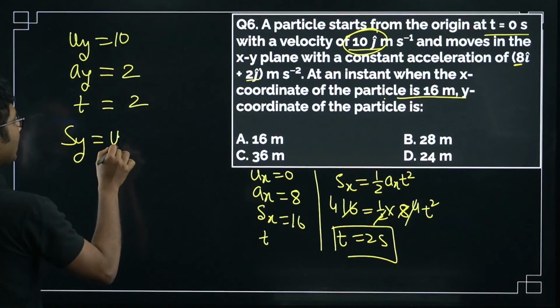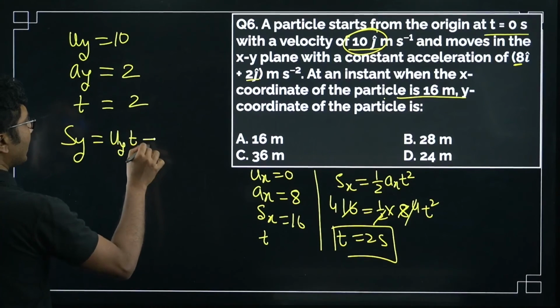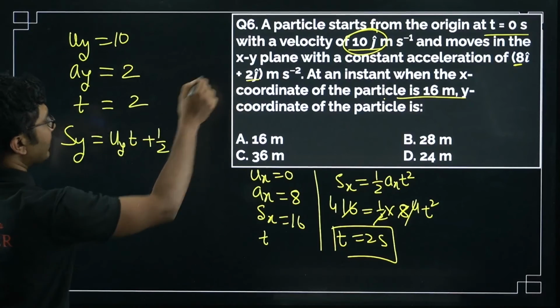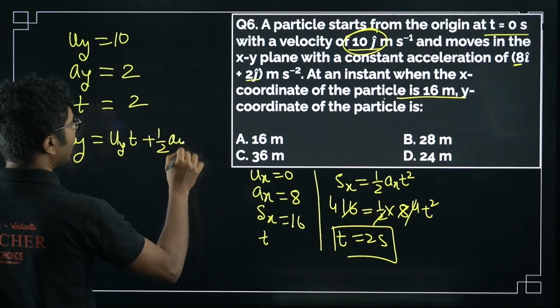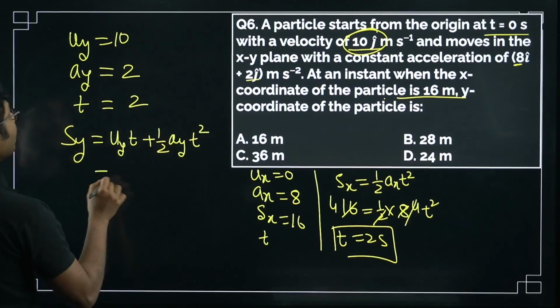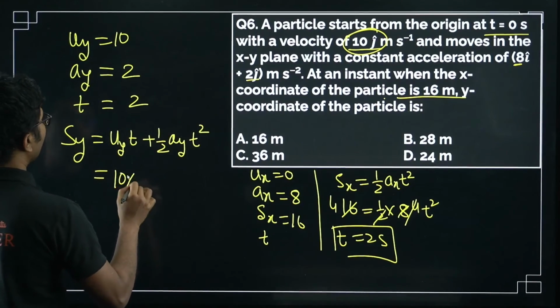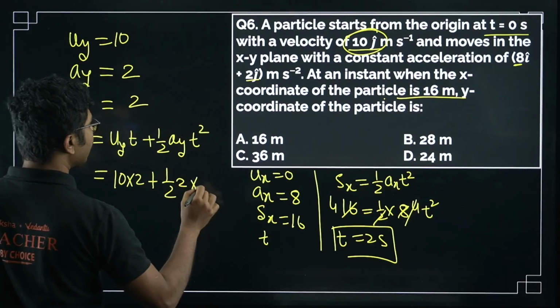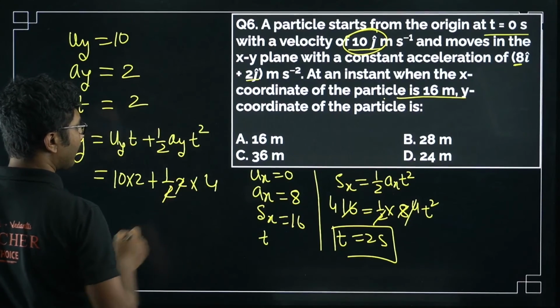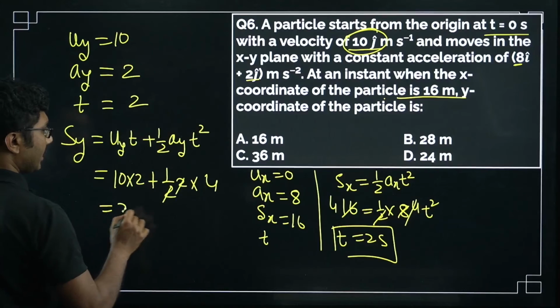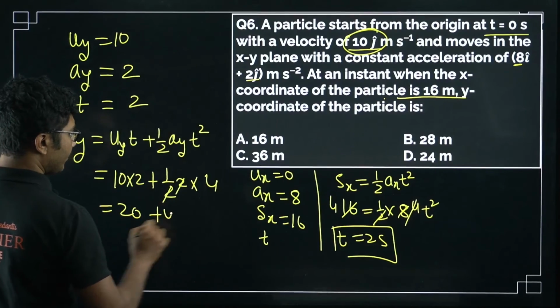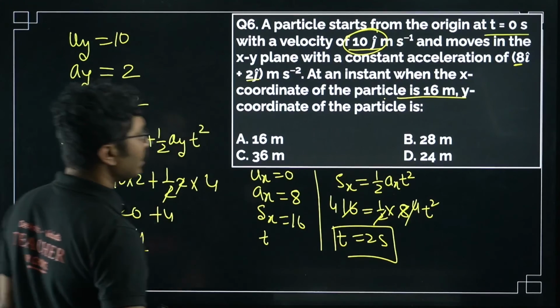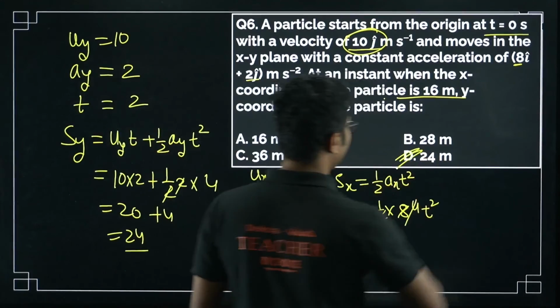It will be ut plus half ay t square, so uy is 10 into 2, plus half into ay, which is 2, into t square, which is 4. So the half cancels, and you get 20 plus 4, which is 24. So it will be 24 meters.